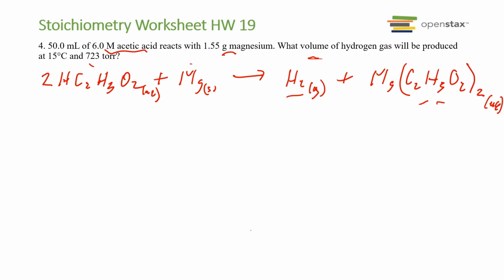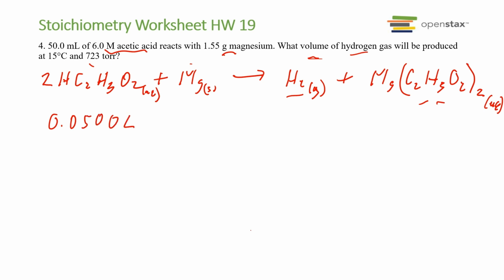So first, let's figure out how many moles of hydrogen gas we can get from the acetic acid that we're starting with. And in order to do that, we have to figure out how many moles of acetic acid we're starting with. And so we're starting with 50.0 mLs. I'm going to go ahead and convert that to liters because we know molarity is in liters.